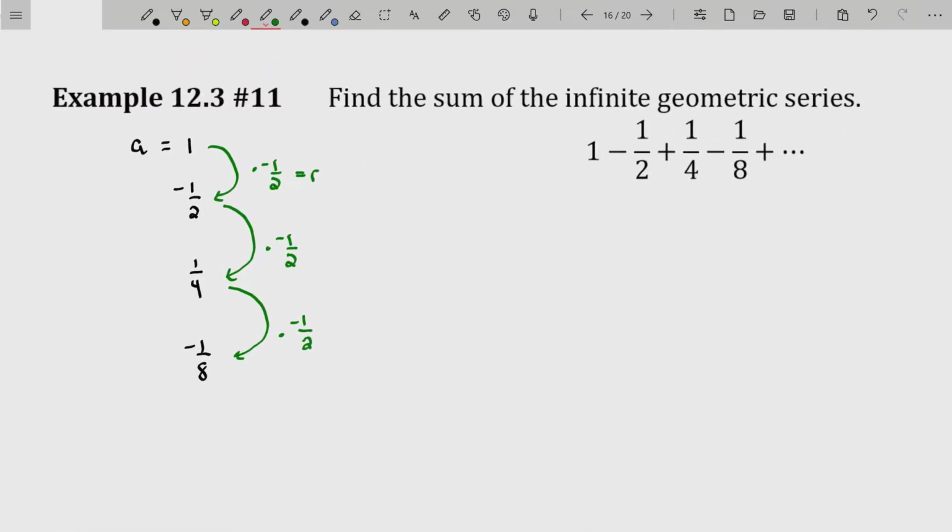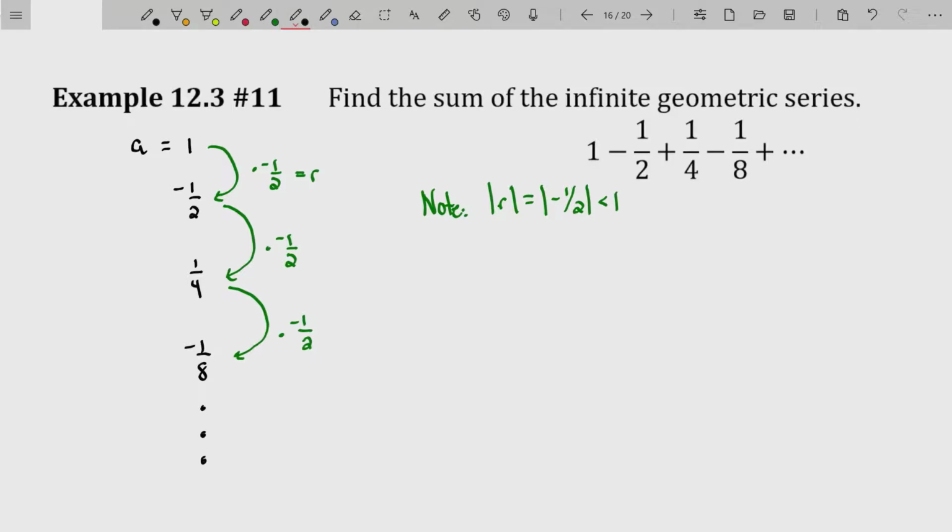And also note, again, the absolute value of the common ratio, the absolute value of negative 1/2, is less than 1 in magnitude. That's going to be important because we want to add these values up forever and ever, all the way down this list here.